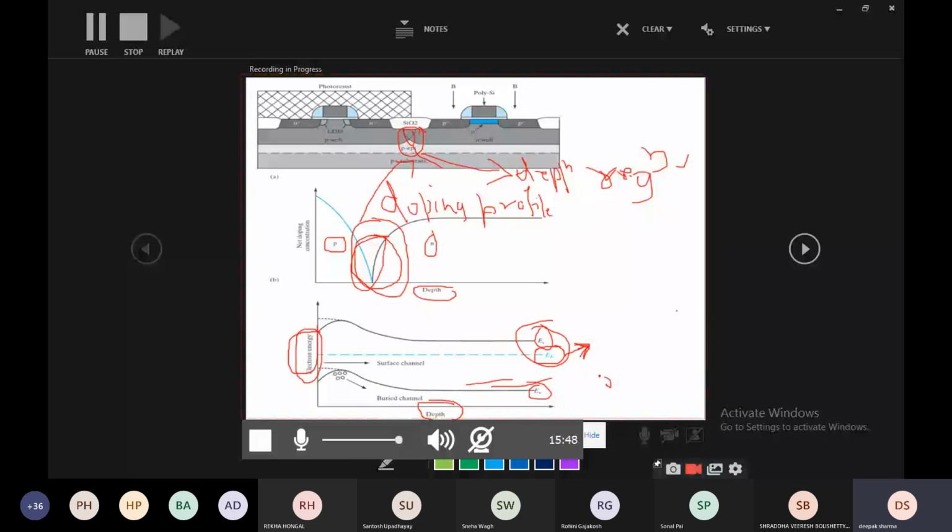Because electrons always try to jump from the valence band to the conduction band. So the probability of electrons is more near the conduction band. Whenever we operate any device, we will find more electrons in the conduction band, not in the valence band.